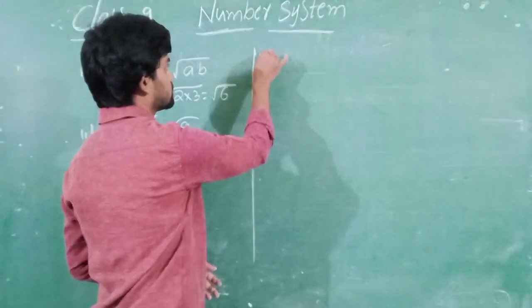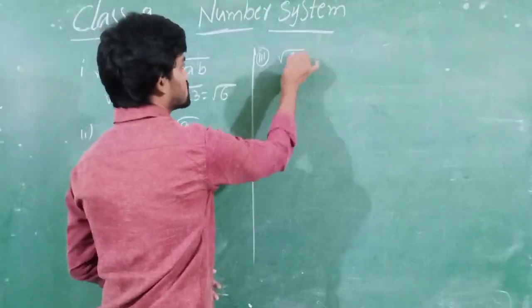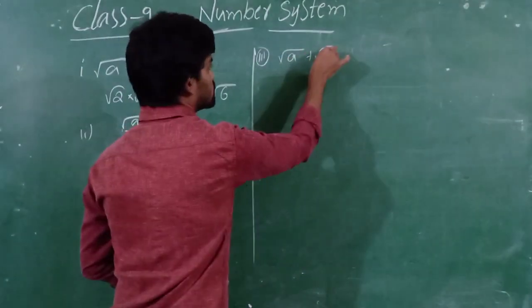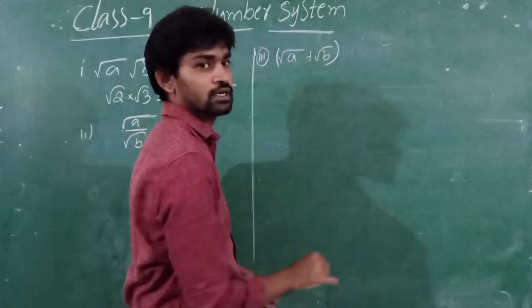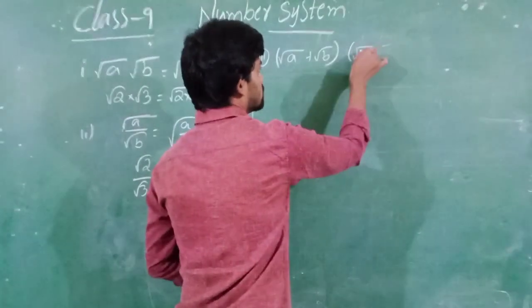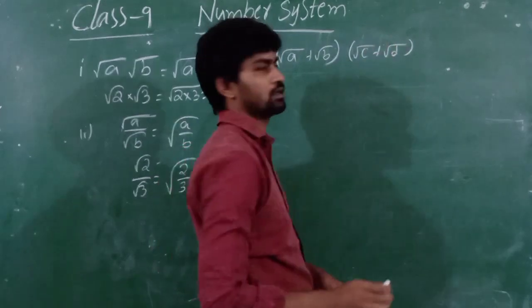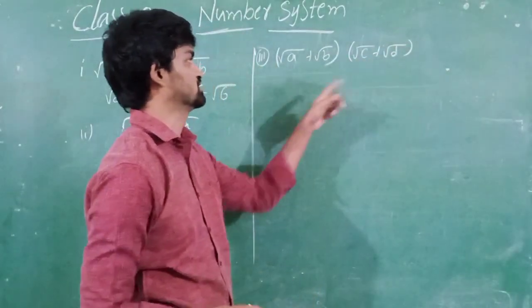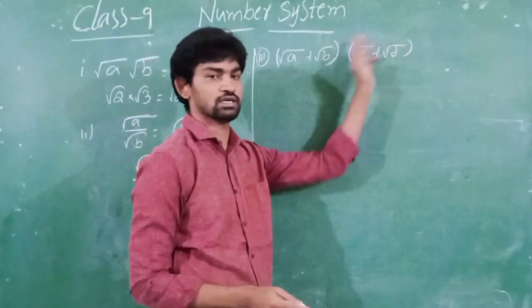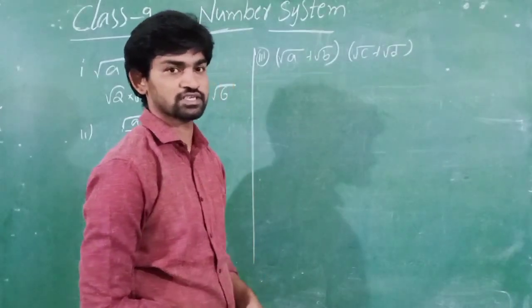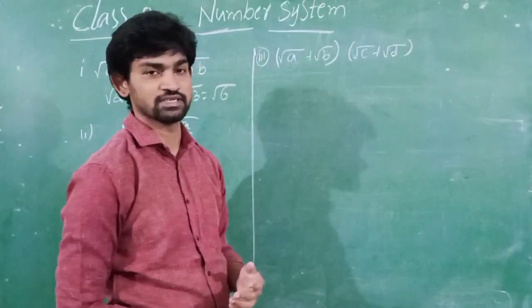Third one is root a plus root b into root c plus root d. Okay, so no repetition here. A, B, C, D, all are different irrational numbers. So what will be the result? We'll see.